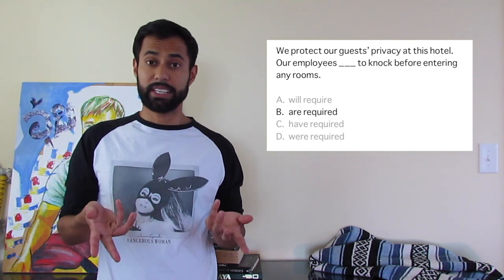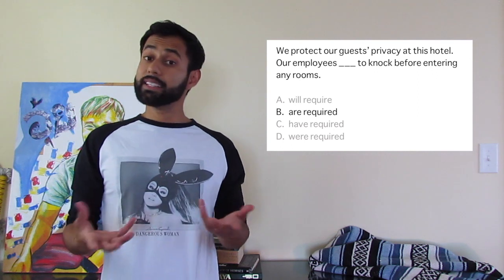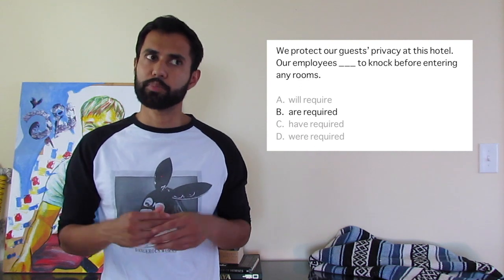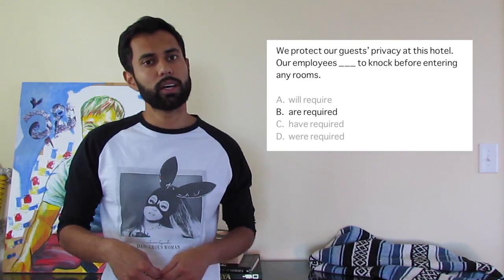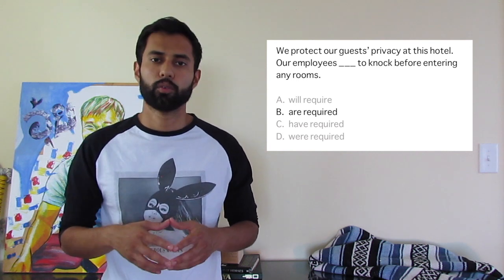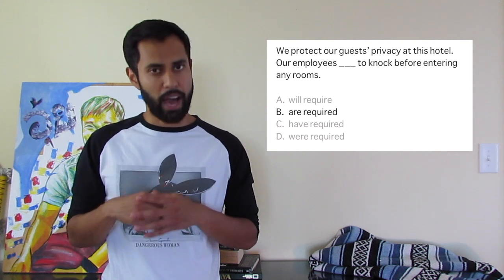There is no be in A or C, so those are wrong. And then the first sentence in this question is present tense. So the second sentence needs to be in the same tense, which means B is the only correct answer. D is in the past.